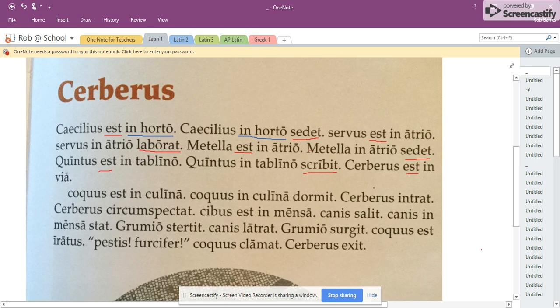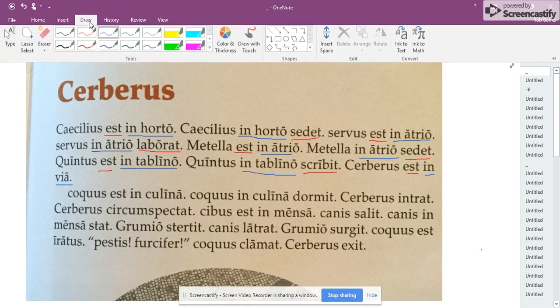Same thing. Okay, in atrio, in the atrium. Again, and again. A little repetitive. In tablino, something different at least. So in the study. And finally in via.